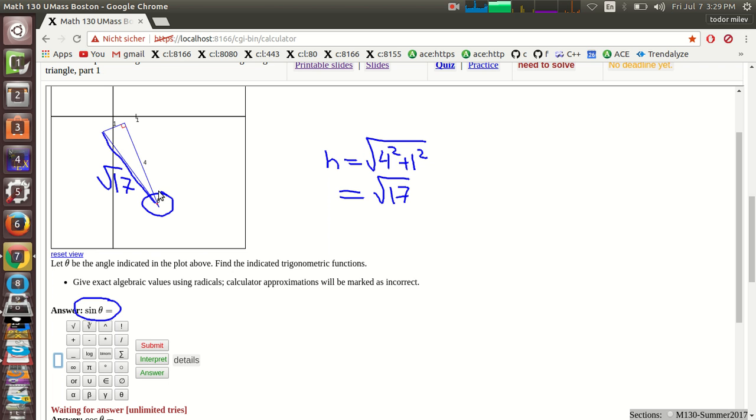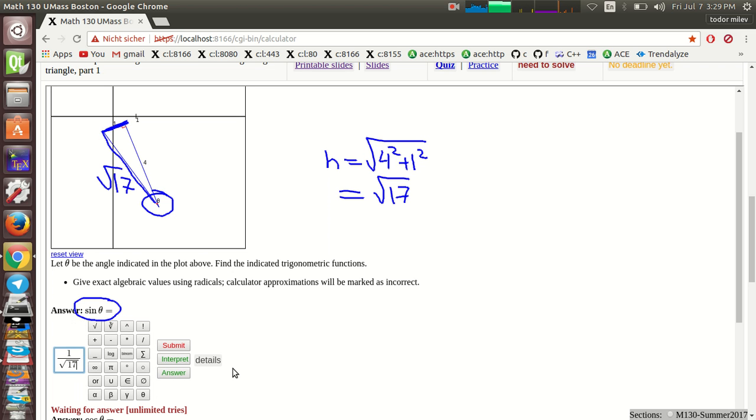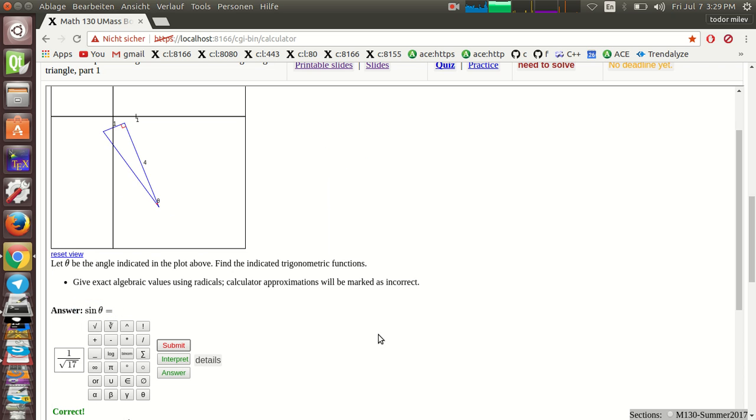Well, if this angle here is the angle theta, then that side is opposite to theta. So the opposite side here is 1, and the hypotenuse is radical of 17. All right, so let me click submit. Okay, that is correct. So just a reminder, the hypotenuse was radical of 17.